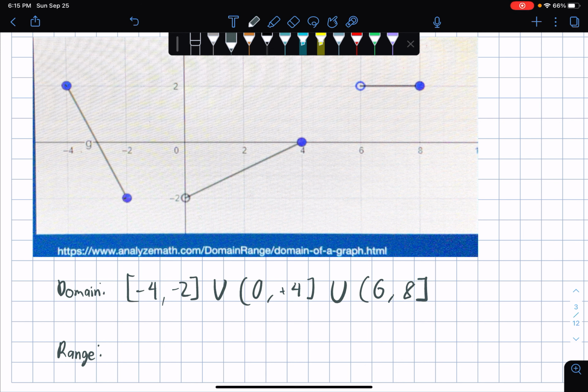Right, for the range, first line, this is negative 2, and at the very north it's positive 2. Union, so here this is the very bottom, so negative 2, and the very top is, sorry, it's 0. Yeah, it's 0. Union again, that looks more like a V. Let's fix that.